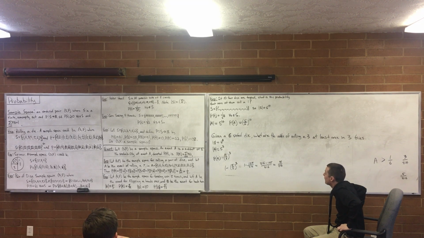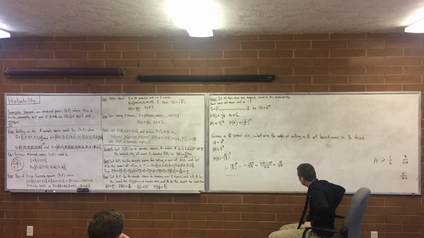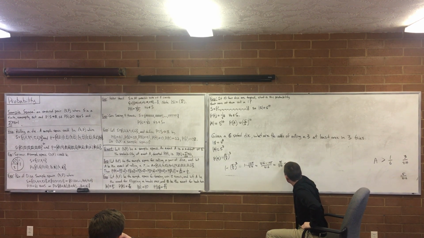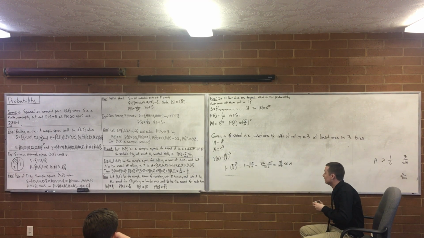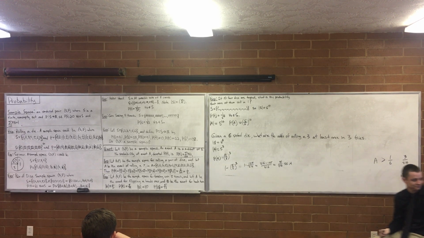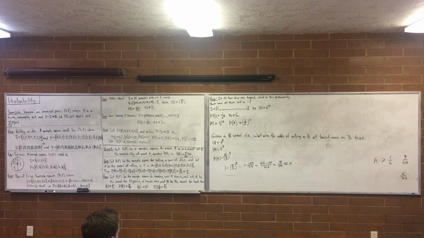Right? Which, as a probability, what's that going to be? 0.4 something. So 40-something% would be your odds of winning.